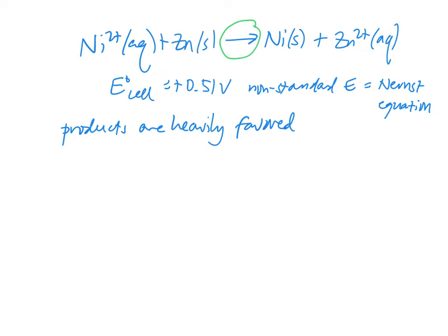Now, when will the rate of the forward reaction equal the rate of the backwards reaction? Well, we'll equal it when the rate of the forward reaction gets to be so small as to pretty much be non-existent. So we reach equilibrium when the forward reaction rate is pretty much 0. In other words, an electrochemical reaction like this reaches equilibrium when it's a dead battery.